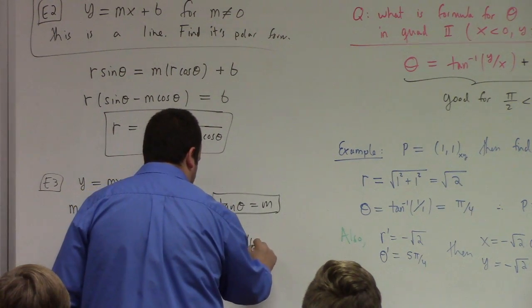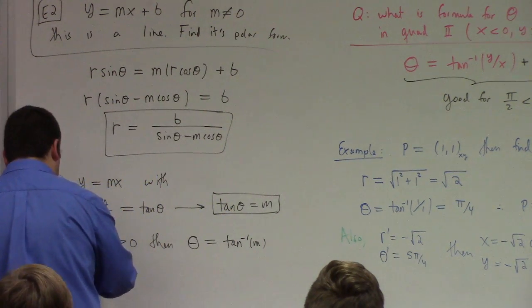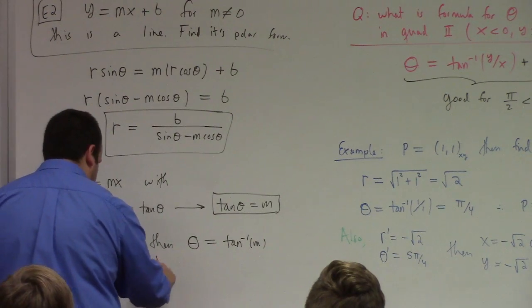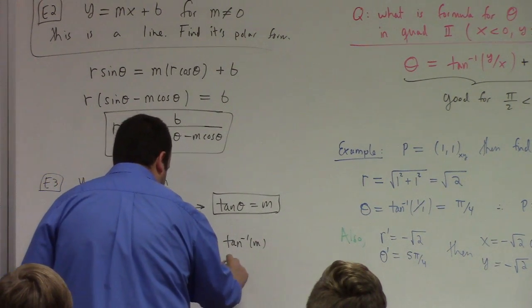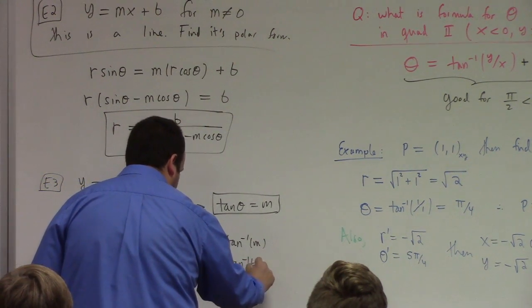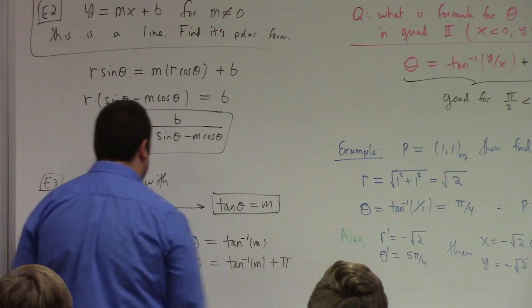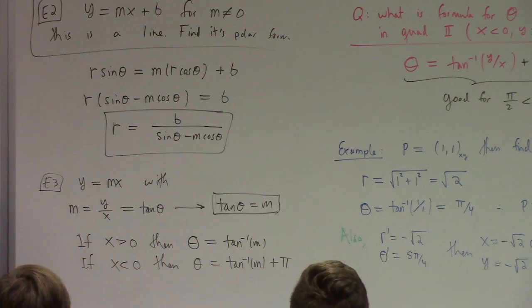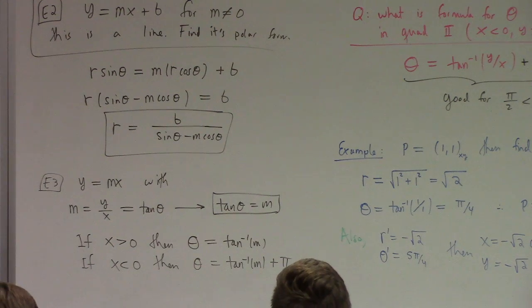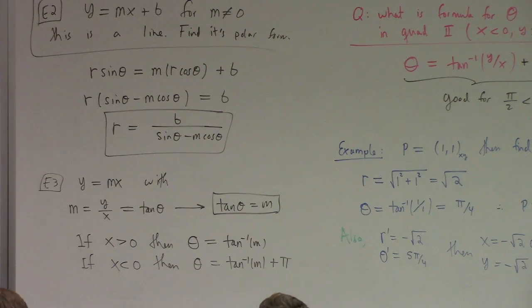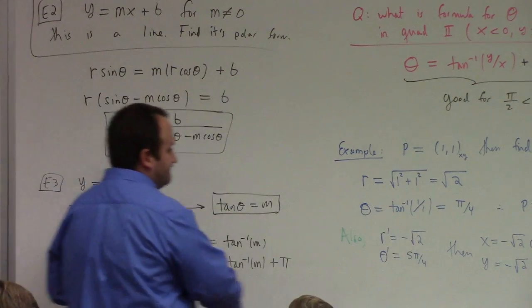Inverse tangent of m. If x was less than 0, then theta would be equal to inverse tangent of m plus pi. Those are rays, right?